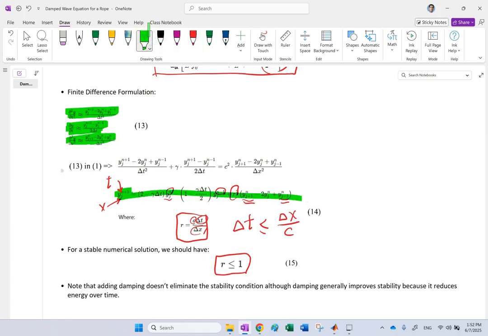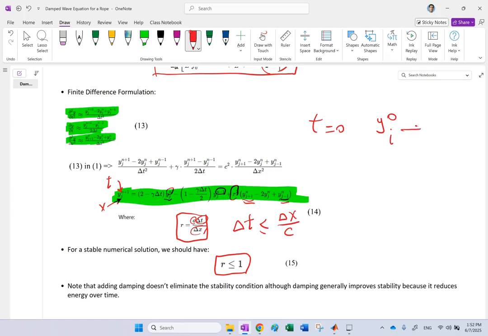Anyway, this is your update equation, and all you need to do is start it from some initial condition. At time 0, all of the nodes, y of 0 and j, come from that f of x function. So instead of x, you plug in the node location, and that gives those initial nodal displacements.